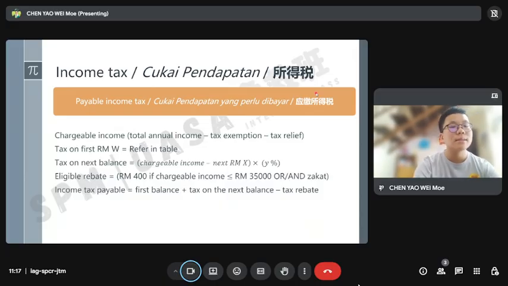For the next balance, chargeable income subtract the next RMX, times Y%. Eligible rebate is 400 ringgit if the chargeable income is less than or equal to 35,000, or zakat. Income tax payable is your first balance plus the tax on the next balance, subtract the tax rebate.